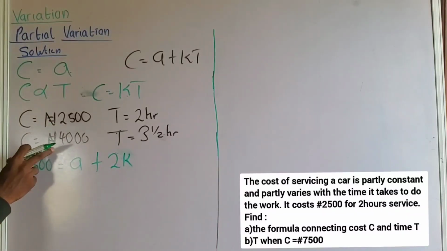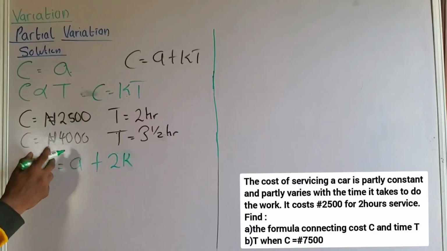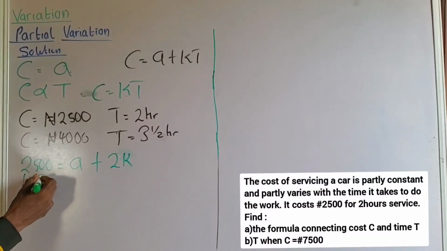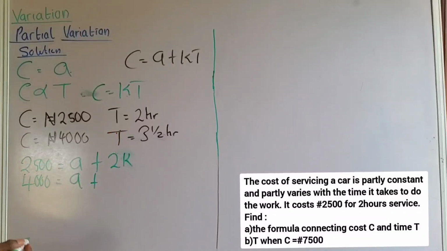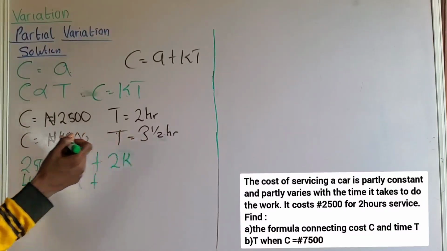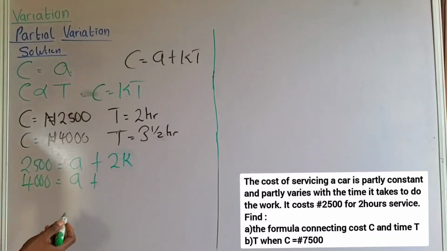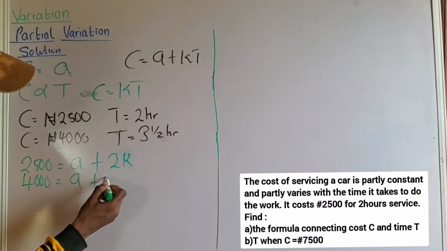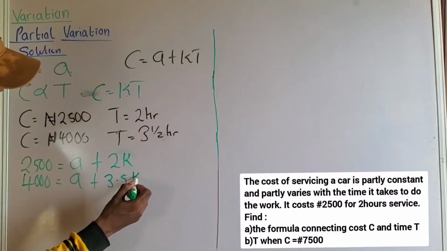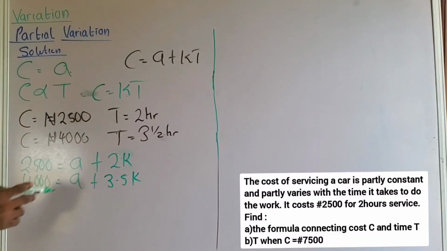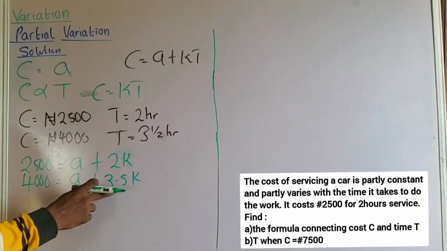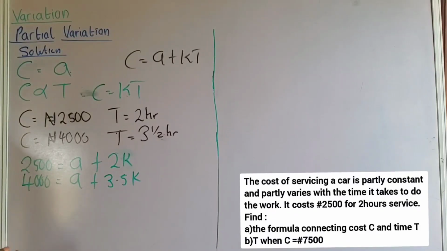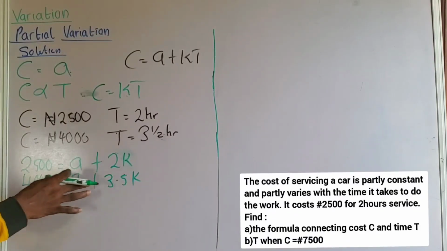For the second values, when C is 4,000, we have A plus 3.5 hours, which can be written as 3.5K. Because 3 times 2 is 6, 6 plus 1 is 7, 7 divided by 2 is 3.5. I just changed this to an improper fraction and then to a decimal.